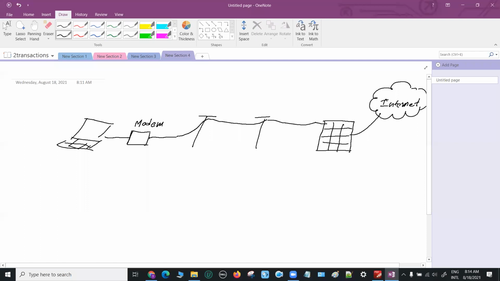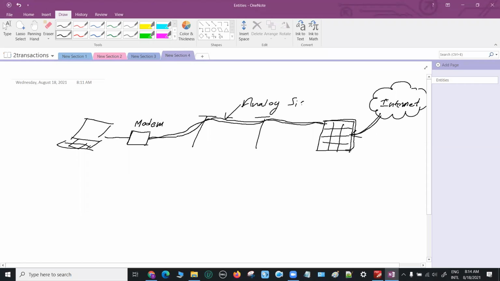This is the internet, coming in internationally, and this is our local ISP, the Internet Service Provider. Then the internet comes over these telecommunication lines, and those signals are analog signals.